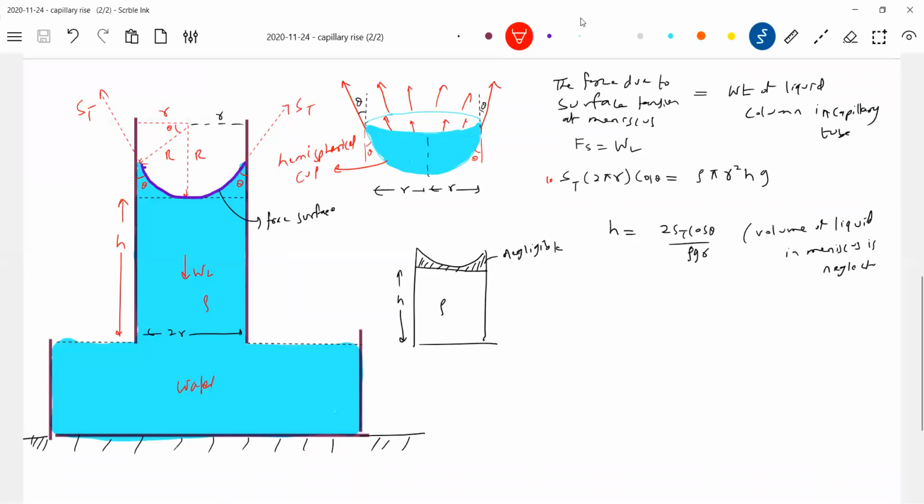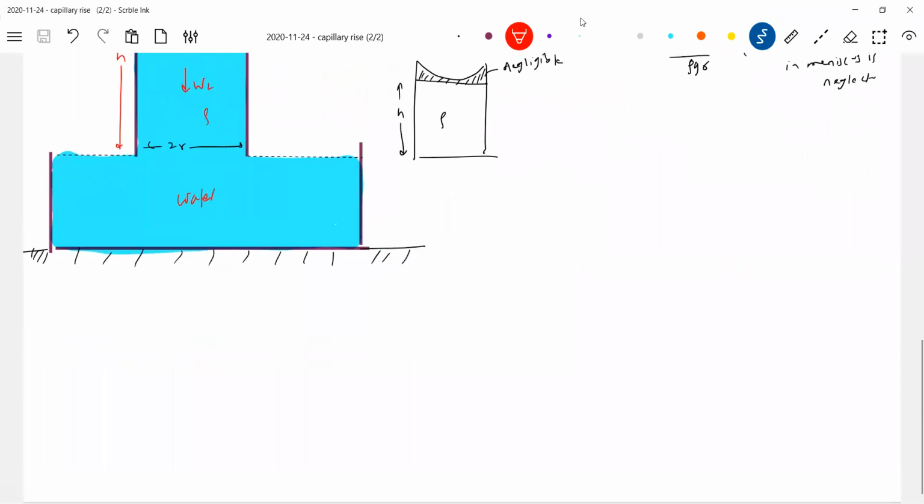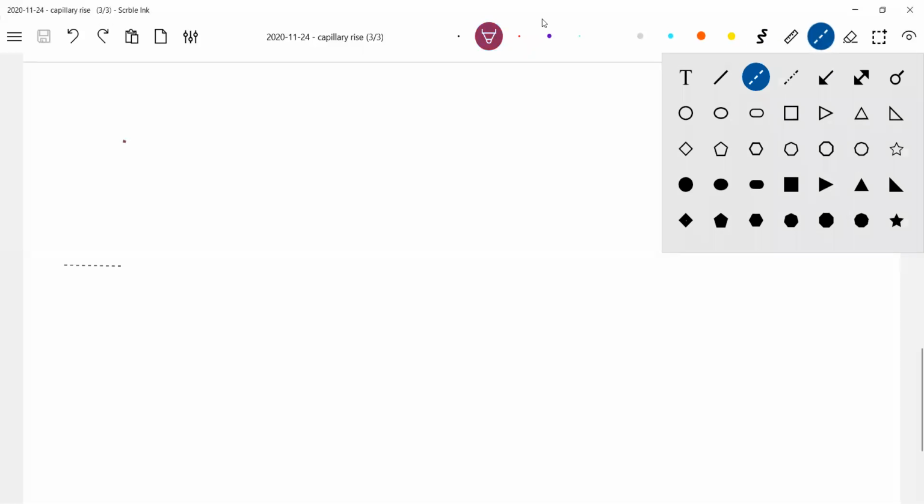Let's bring some small changes here. Now I'll go for some application type of problem. Let me draw all the pipes first.